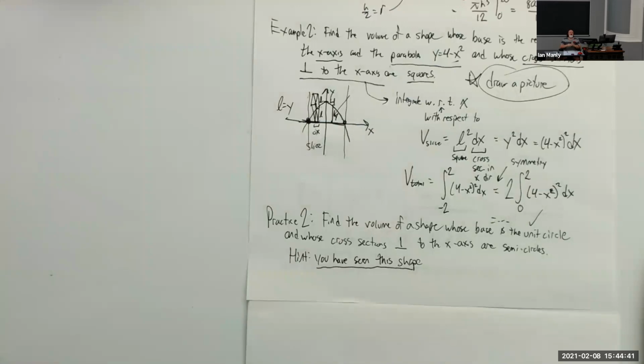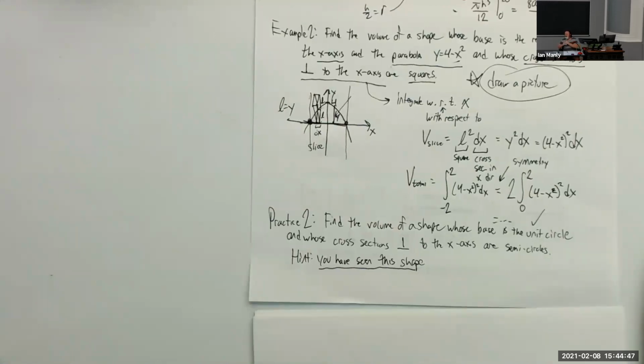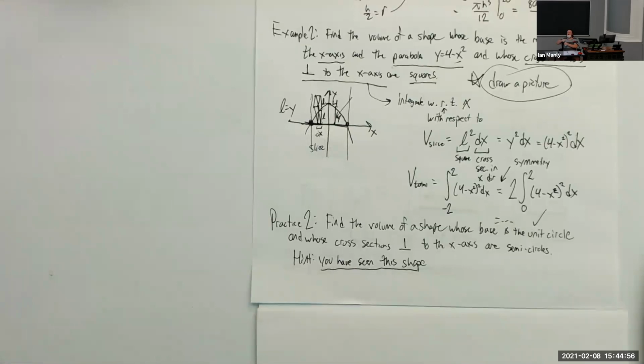All right, yeah, don't worry, we'll go over it in a second. Yeah, the radius is a little bit different from just the length. We'll talk about that in a second.